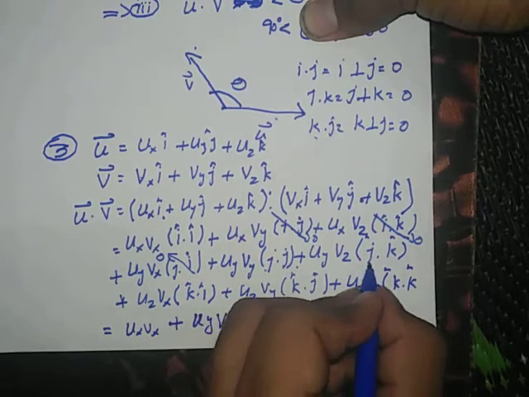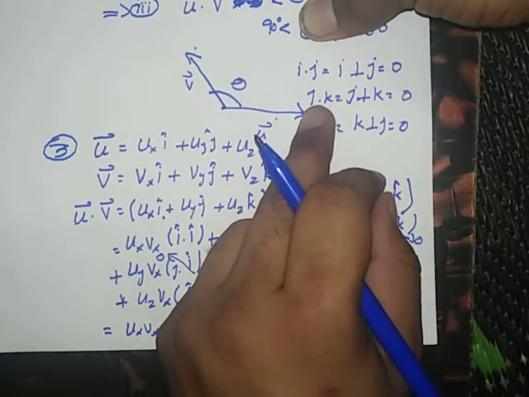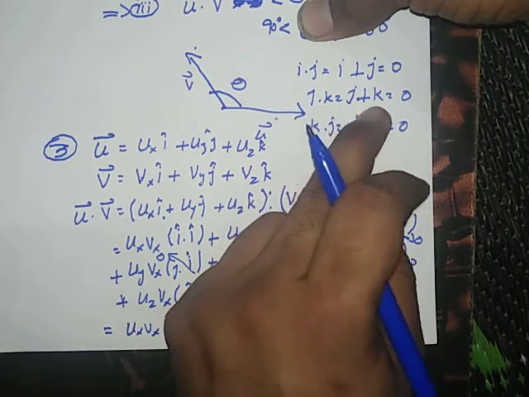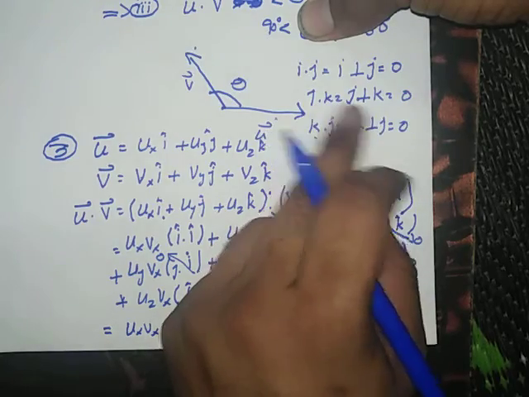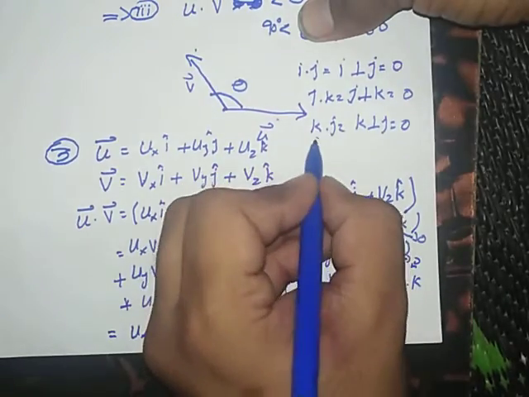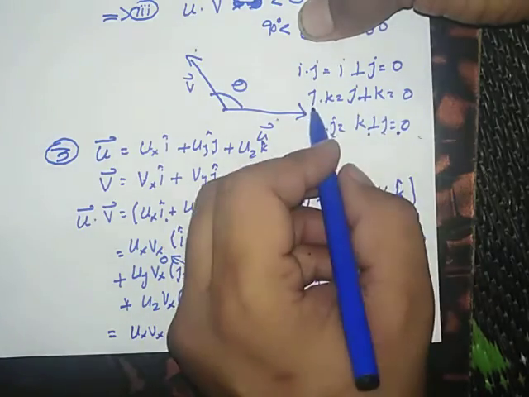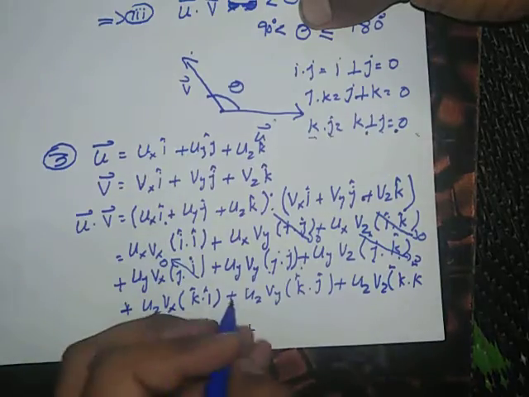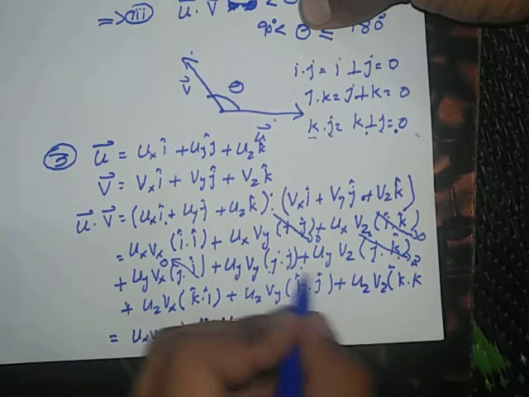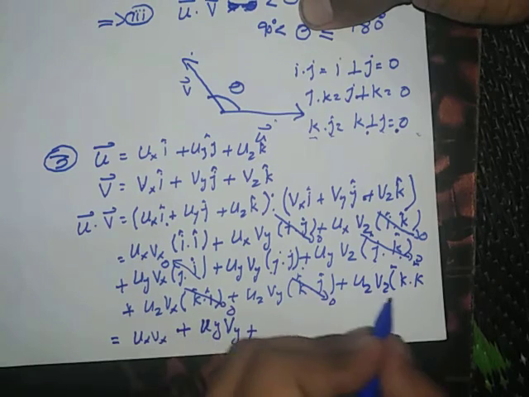J dot k is also equal to 0, since j is perpendicular to k. K dot i is 0, as k is perpendicular to i, and k dot j is also 0.